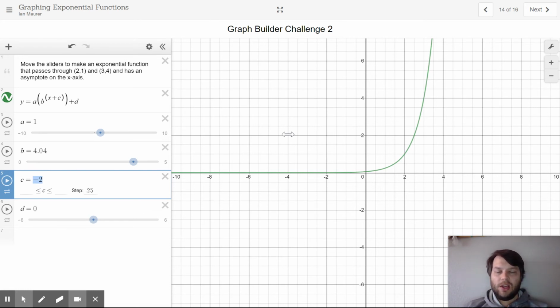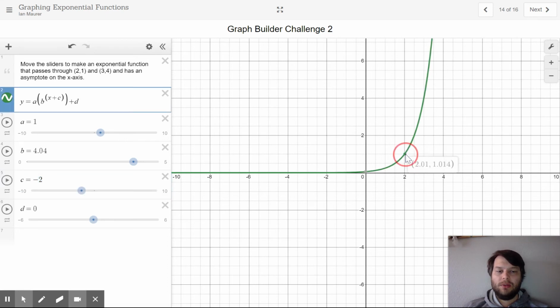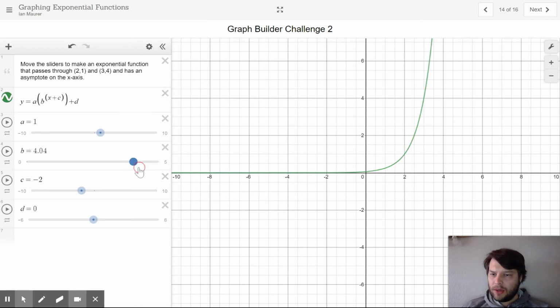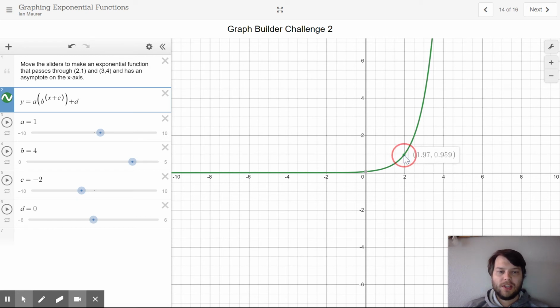So instead of the y-intercept, it shifted 2 steps over to be right there at (2, 1). When b is equal to 4, that means I multiply by 4 for 1 step to the right. So I'm at a height of 1, then I'm at a height of 4. Everything seems to be working out just fine.